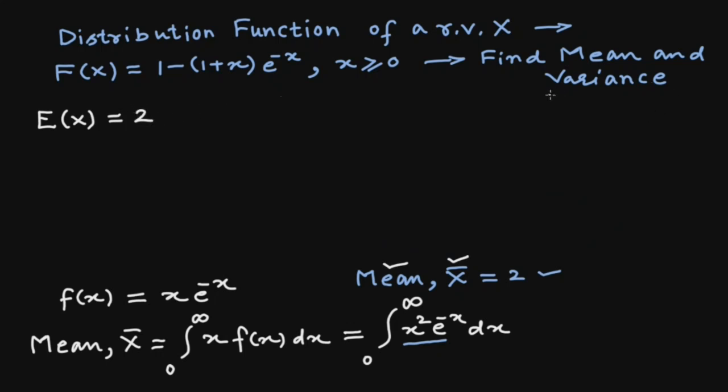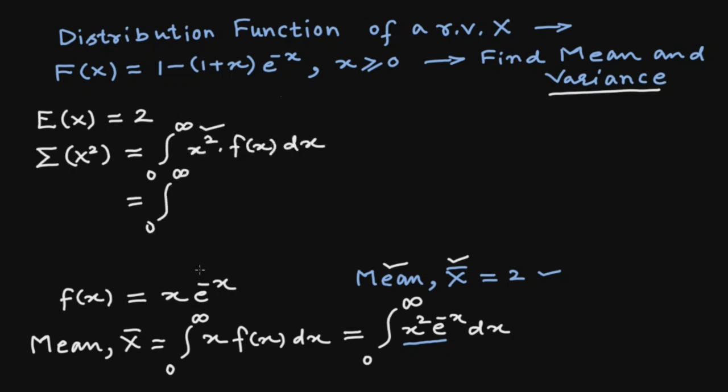For finding variance, we shall need expectation x square. That will be integral from 0 to infinity of x square into f(x) dx, which will be this x square into this x e raised to minus x. So x square into x will be x cube e raised to minus x dx.